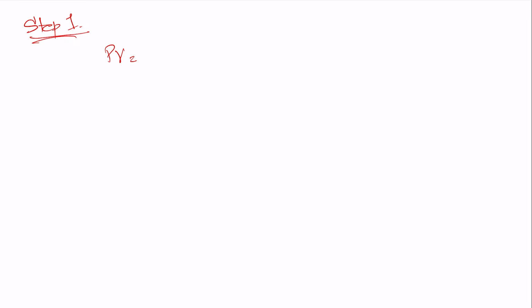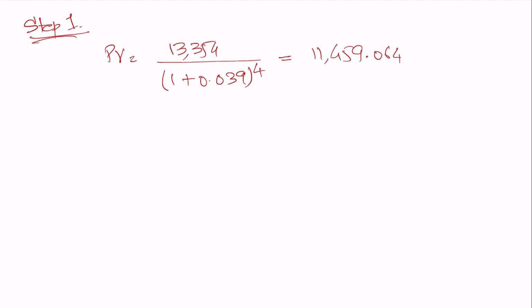The buyout price is 13,354 divided by 1 plus 0.039 exponential 4. If you divide it, we get 11,459.06497.